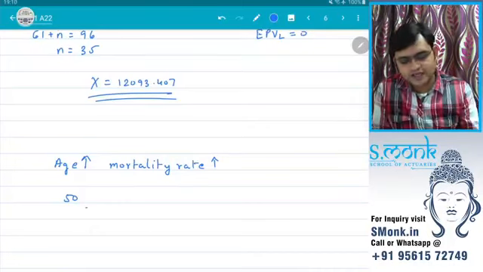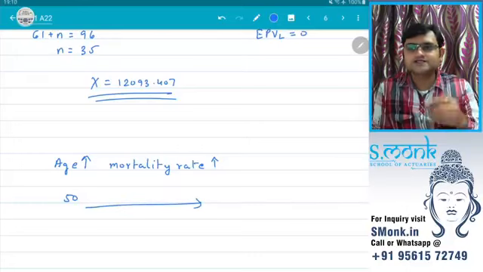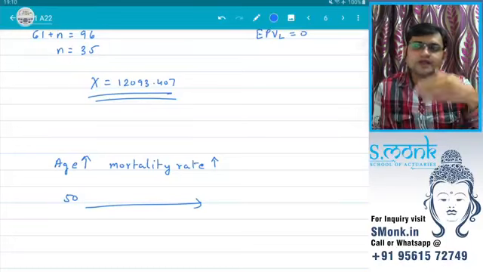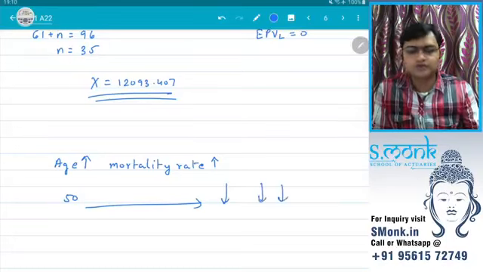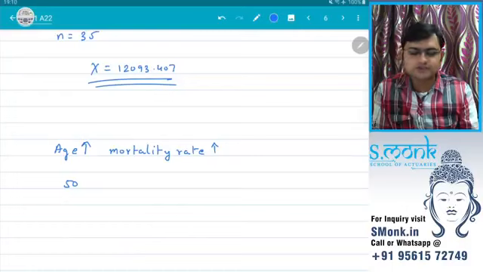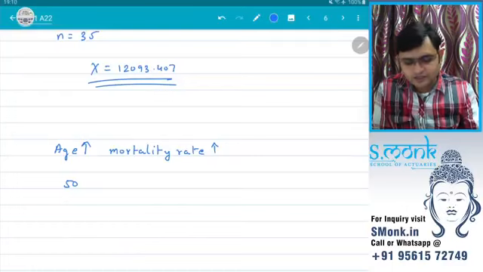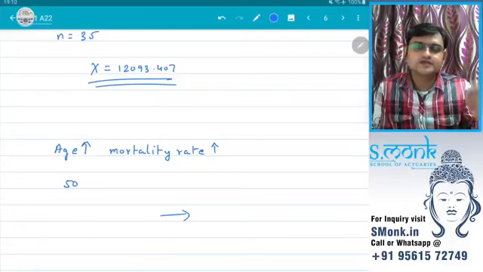But as the age increases and we go on with that policy, the chances that the person would pay later premiums become lower and lower, because more and more people will die. At the beginning maybe fewer people would die, but as the policy goes further and further, the number of people dying would also increase.